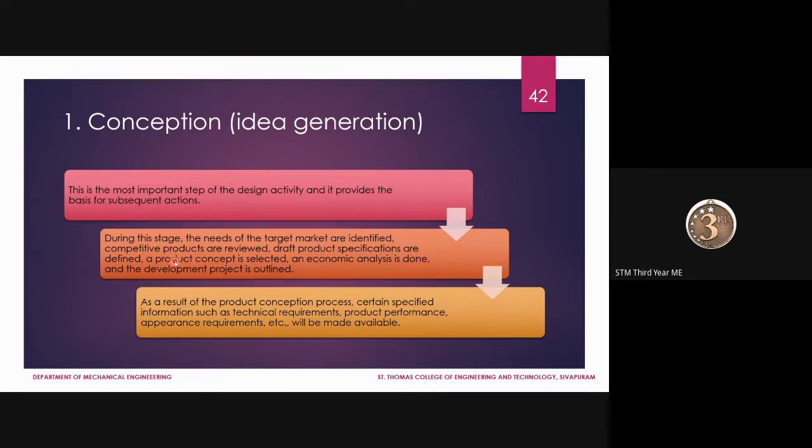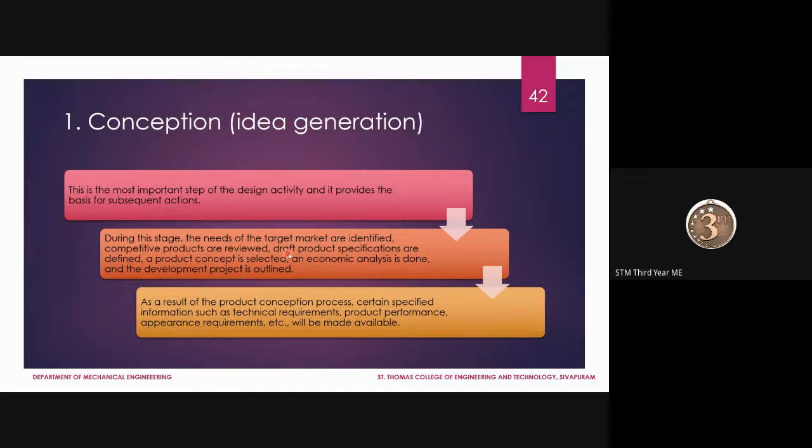So our objective is always to get the customer demand so as to get more productivity. And for that we have to be better than the competitive products present in the market.